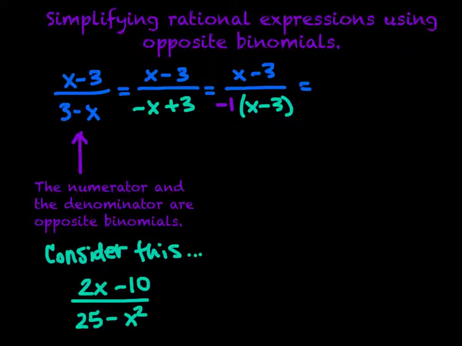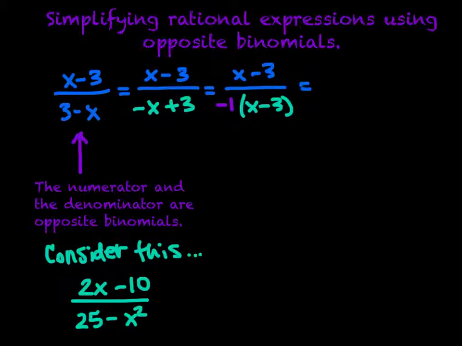Simplifying rational expressions by using opposite binomials. As we can see, we have a situation here. In this situation, the numerator and the denominator are opposite binomials. x minus 3 is the opposite of 3 minus x. Essentially, these numbers and variables have switched places. So we could rewrite this 3 minus x as negative x plus 3.